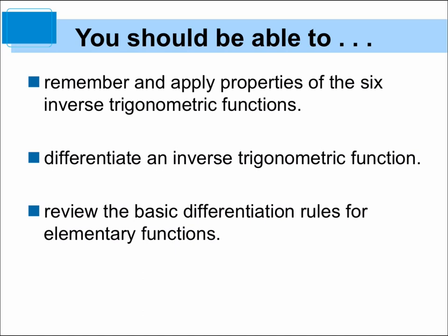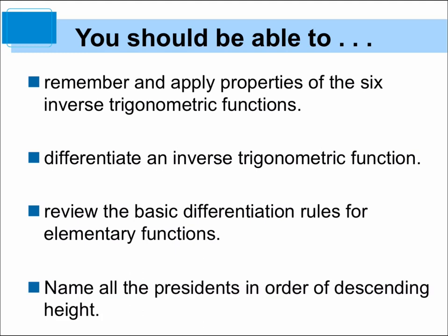And then, of course, last but not least, you should name the presidents in order of descending height. Can you do it? No, I know the first and the last. First is Abe Lincoln. Shortest? Madison. You know how tall he was? 6'5". How do you know that? I'll look it up. Okay, he's right. You don't have to look it up. I don't think he's right. We looked it up fourth period.